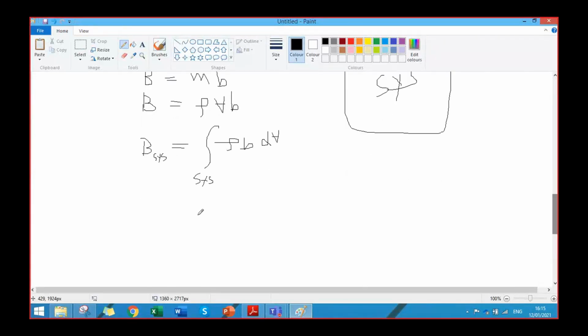And if it is a control volume property, then it would be the integral over the control volume of rho b dV, right? Depending upon the type of system we are considering, that is system or control volume. Is it clear?